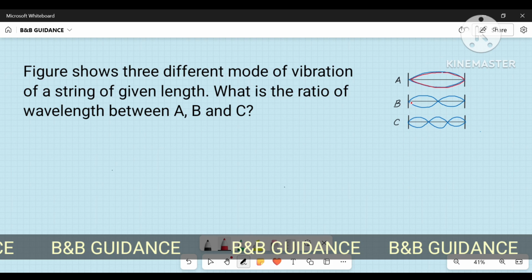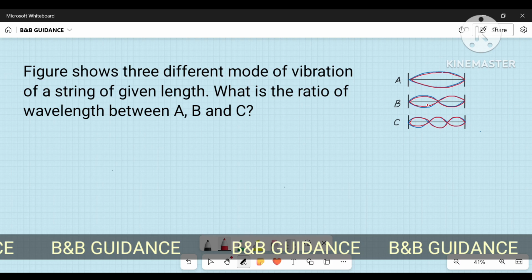And here in the case of B, 2 loops are there, that is first overtone. And C, 1, 2, 3 loops are there, that is second overtone.